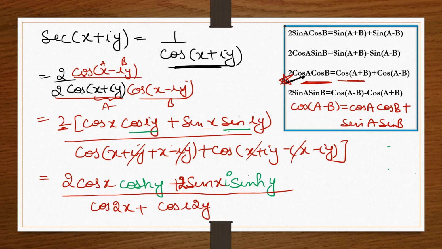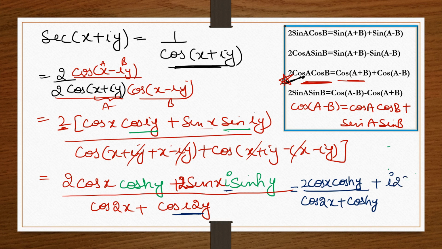Now can I write this as 2 cos x cos hyperbolic y over cos 2x plus cos hyperbolic 2y, plus iota 2 sin x sin hyperbolic y over the same thing?